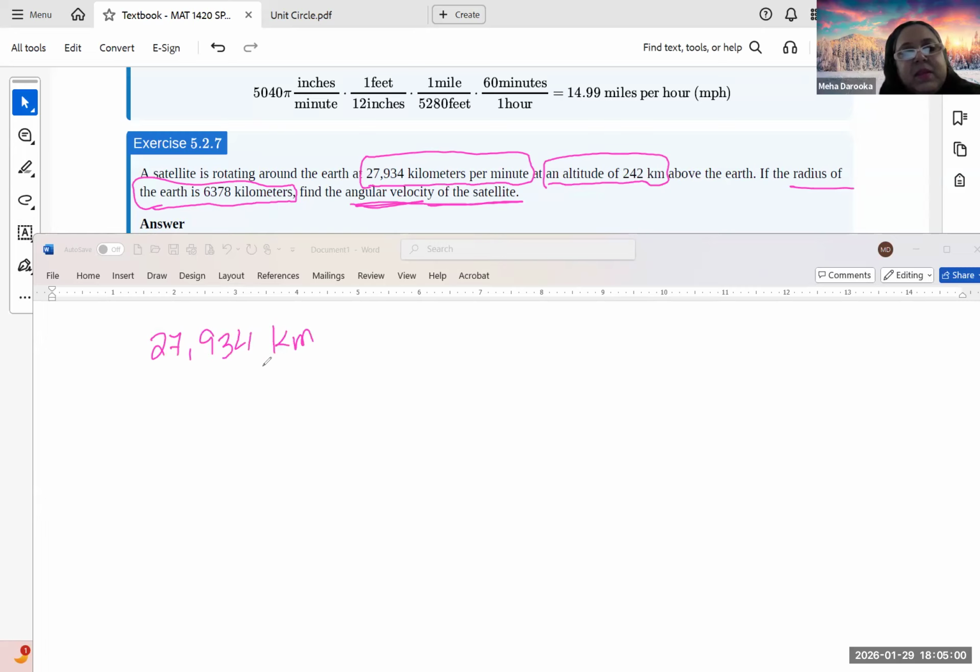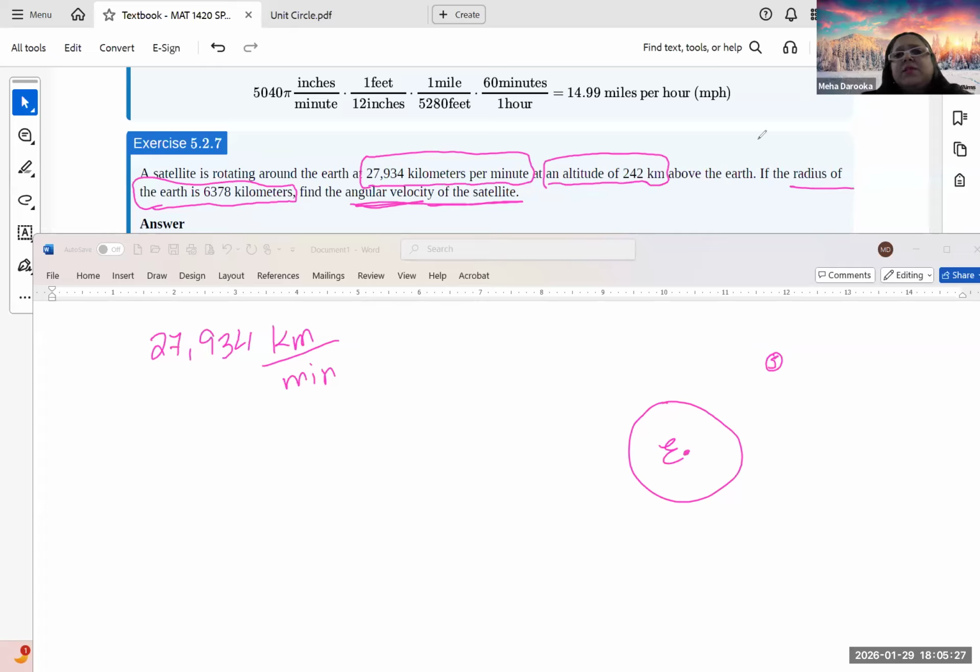They are also telling you, and this is going to be such a bad drawing, but please stay with me, this is going to be our Earth. They're telling us the satellite is about 242 kilometers above the Earth. And that's the center of the Earth.